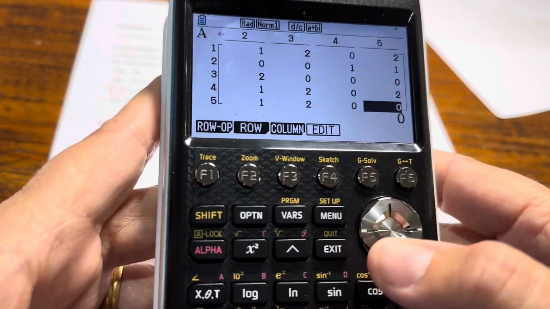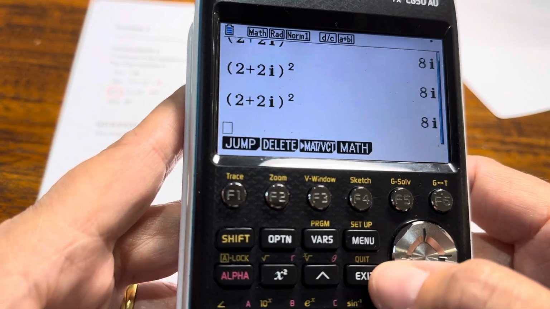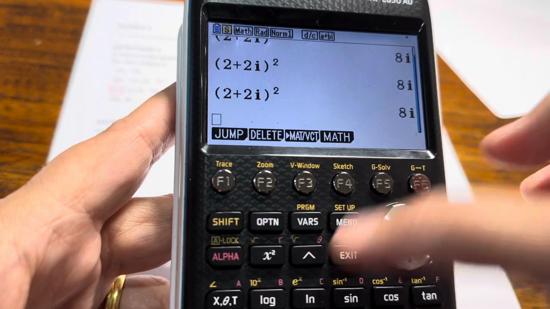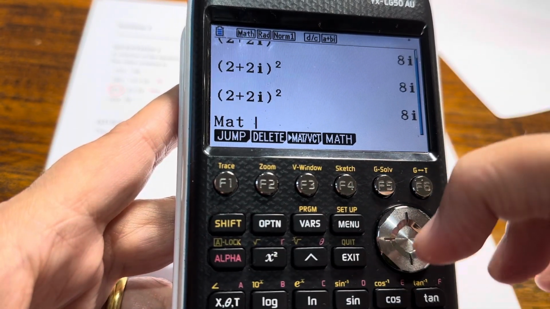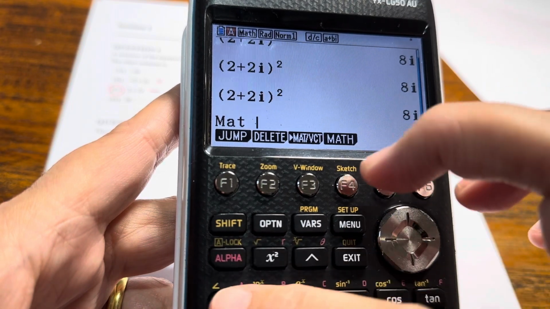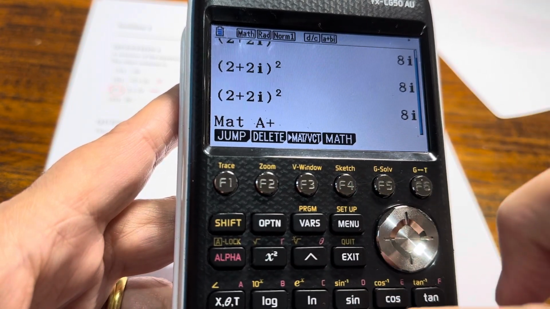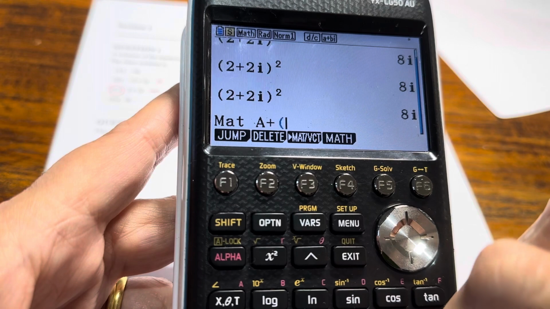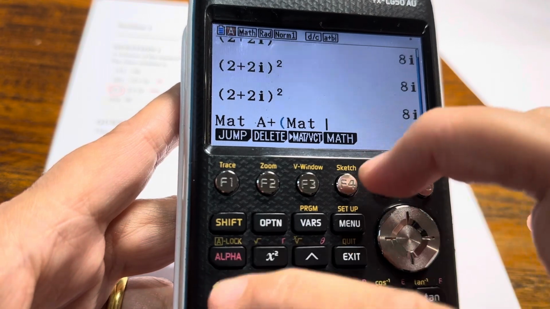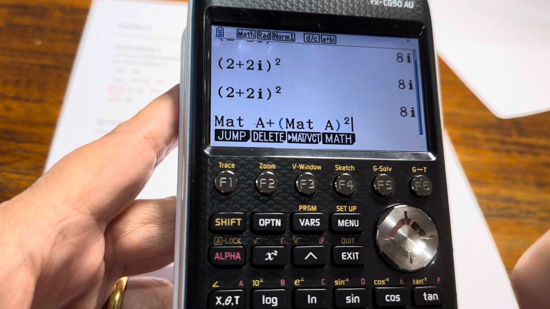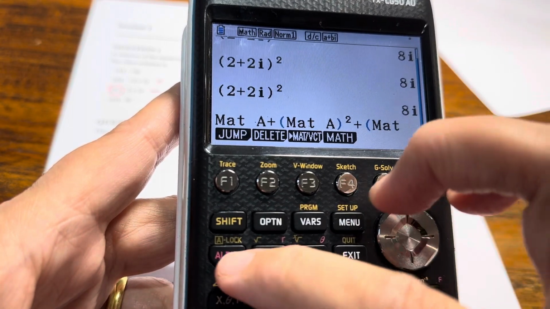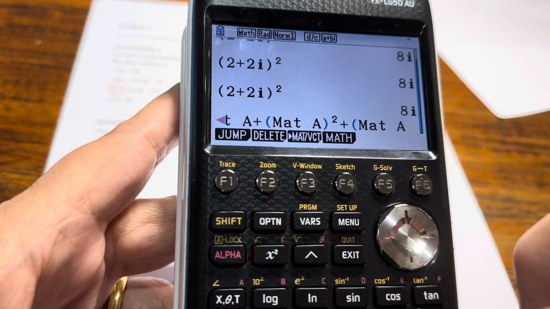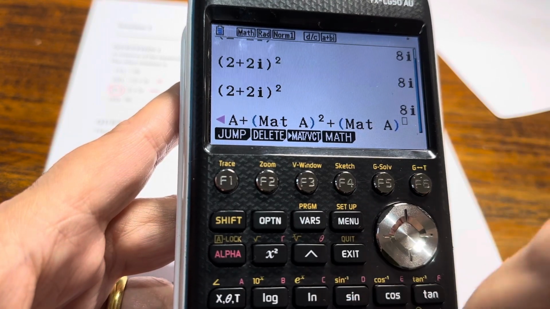Okay. Then I'm going to exit back out to my other screen and I'm going to go Shift, oh, where's my mat? Shift Mat A plus Shift Mat A squared plus Shift Mat A, and we've got to cube it.